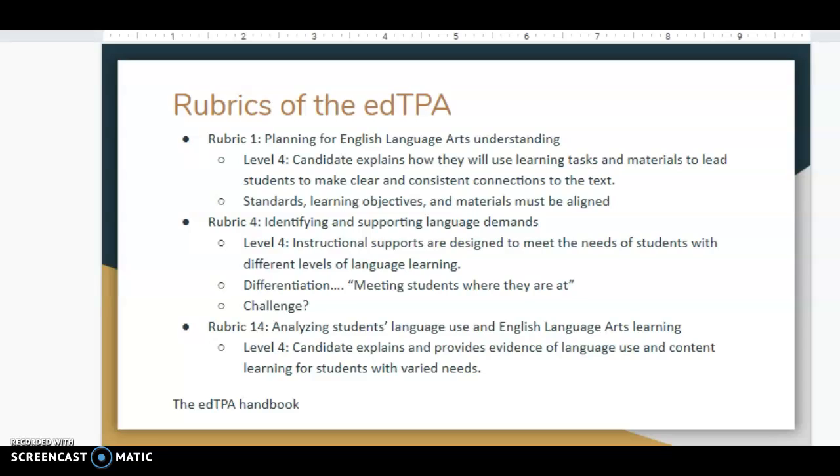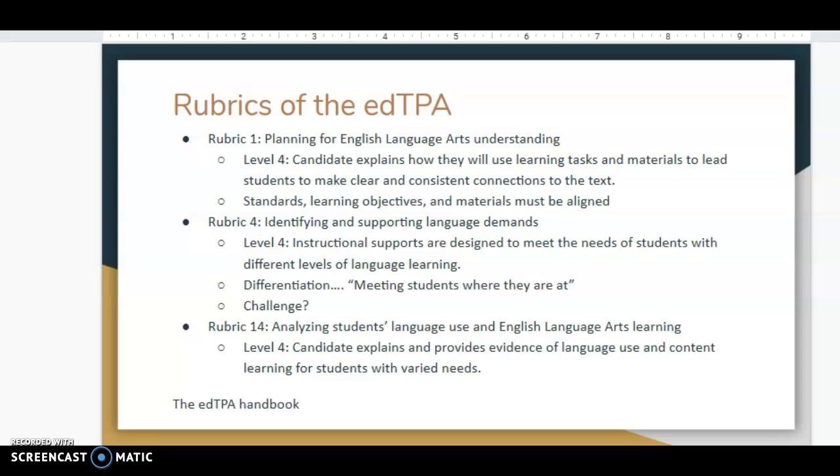And we also have rubric 14, which is analyzing students' language use and English language arts learning. So level 4 and up, this candidate explains and provides evidence of language use and content learning for students with varied needs. So, explain and provide evidence. Some evidence might be a sample writing or something that was modeled in class or things like that.